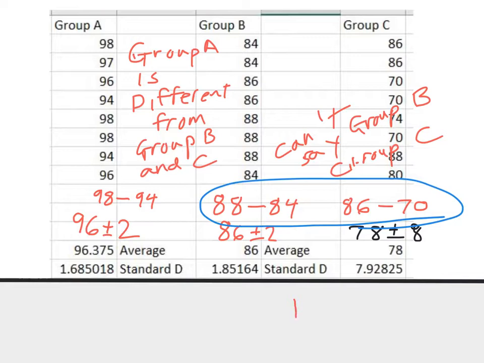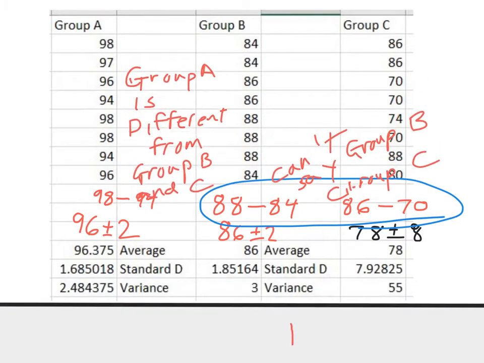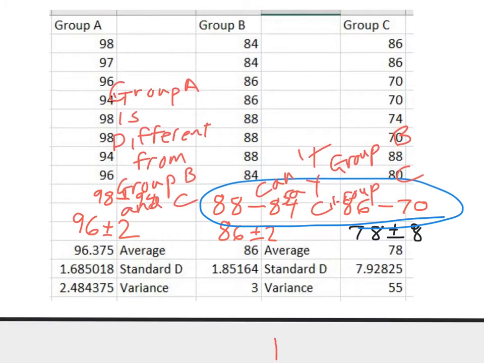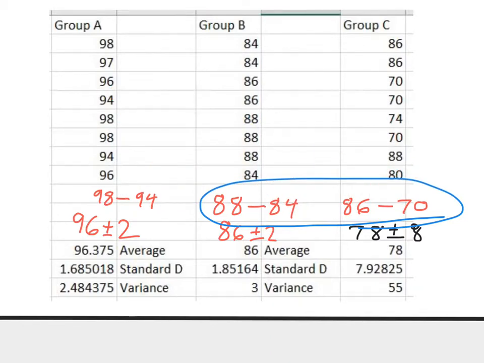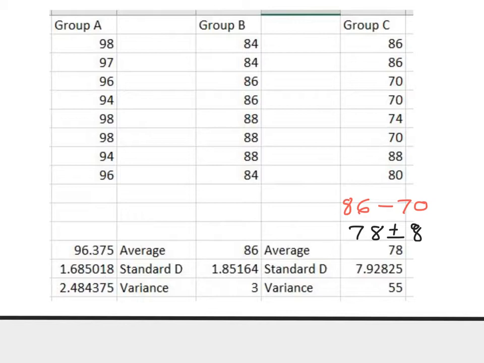we could use the variance. And I'm going to clear things up a little bit here. Clear off a lot of the clutter I wrote here. Okay, we have our variance here.